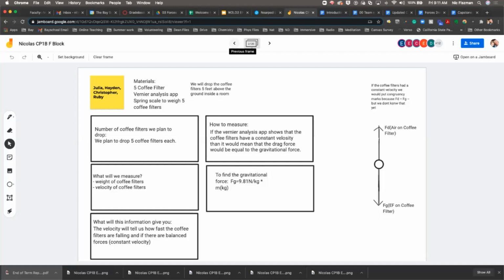Okay, we're going to use the vernier analysis app to measure if the coffee filters are moving at a constant velocity, and that would mean the drag force is equal to the gravitational force.